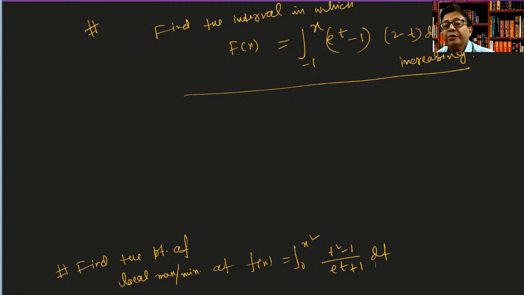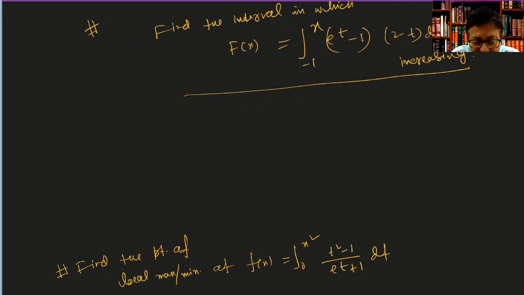Find the point of local maxima. Application is being done in maxima minima and in increasing function. Then we'll find application in limits. Okay, first let us complete these two sums.